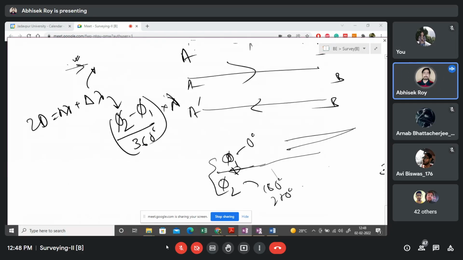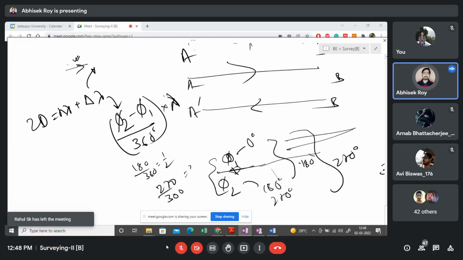The 180 degree or 270 degree phase is completed because this is the phase difference. So 180 by 360 means half part is completed, or 270 by 360 means 3 by 4th part is completed. That will be multiplied by lambda, so that will be the delta lambda. Is that clear?